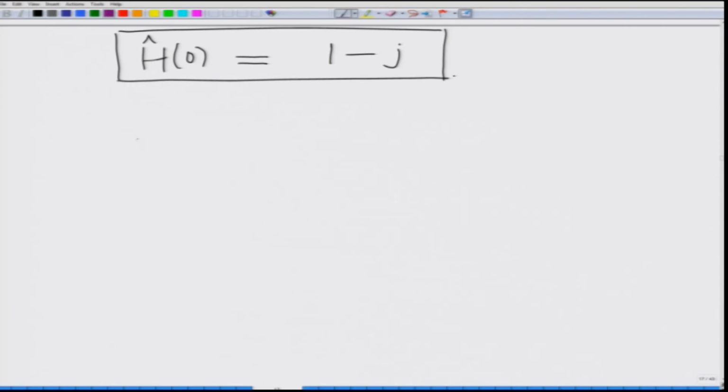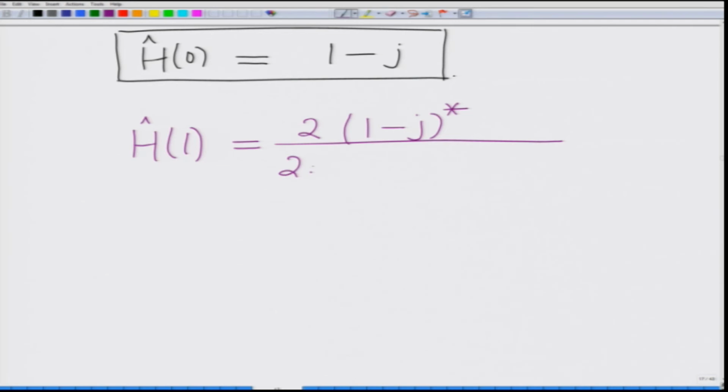We have h hat of 1, this is equal to twice x1 conjugate, 1 minus j conjugate, divided by twice magnitude x1 square plus N sigma square, that is 2 times y of 1, that is half plus half j.